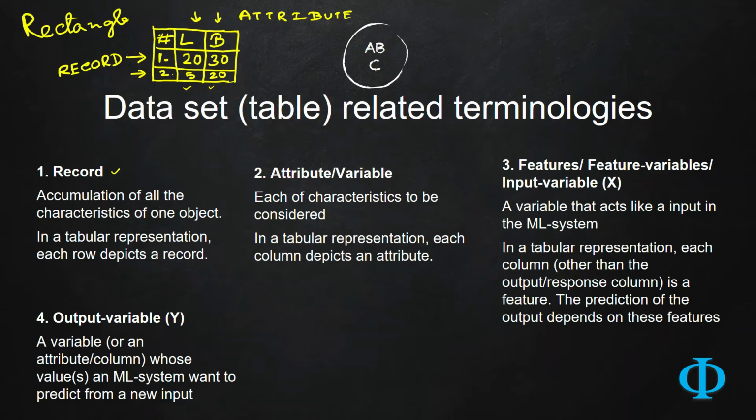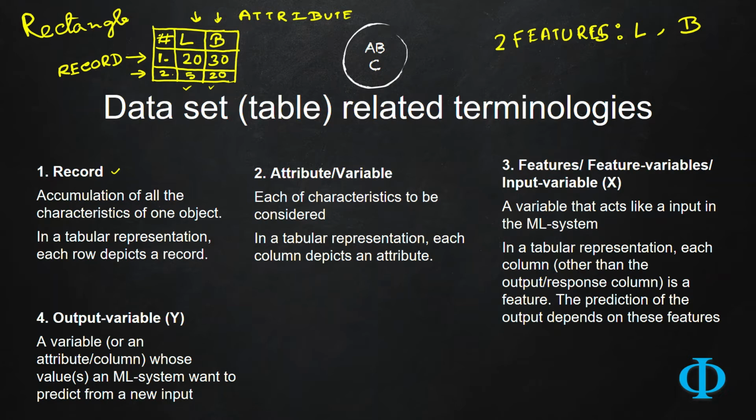For example, in this rectangle table, length and breadth are the input variables. So there are two input features in this table: the first one is length and the second one is breadth.